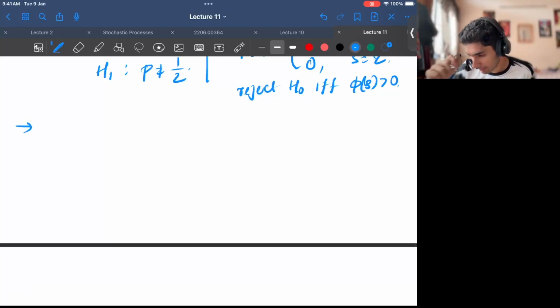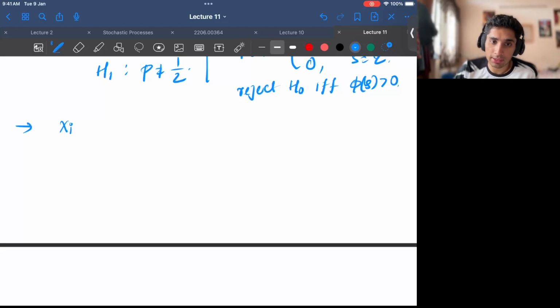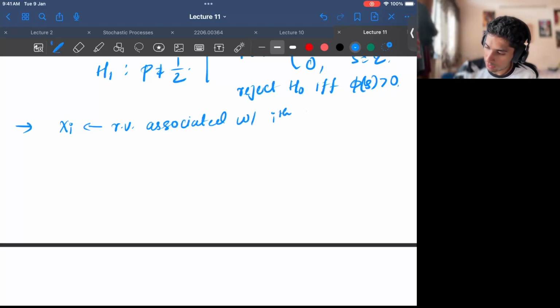What is the solution? Solution is quite simple. So let's say that xi is the random variable associated with ith toss, right?